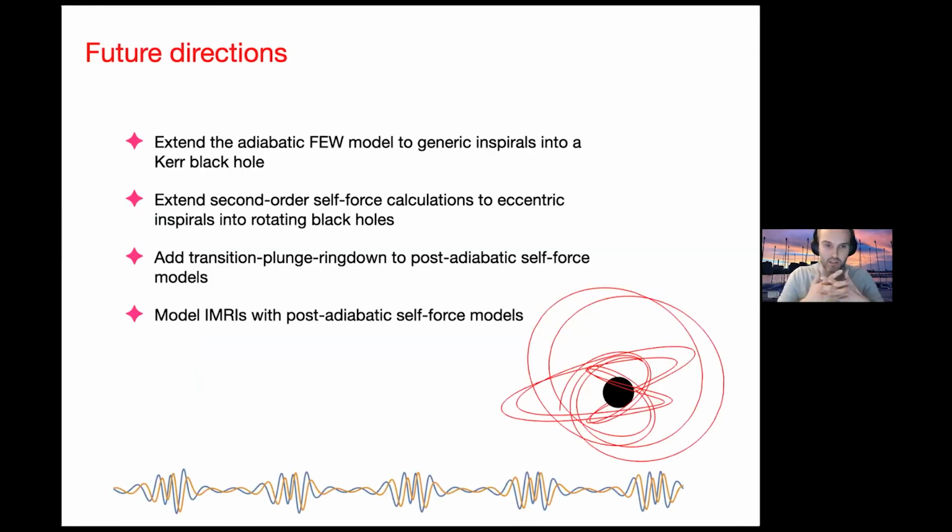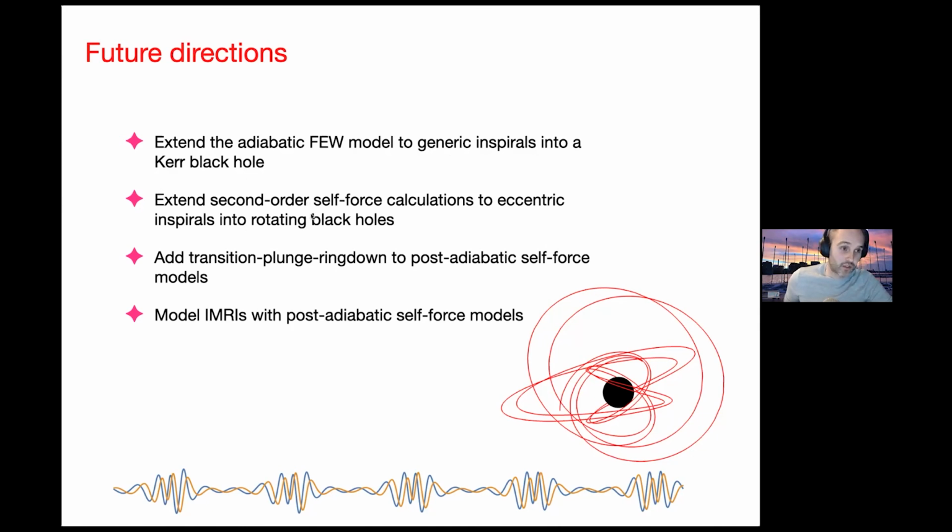Okay, so just to conclude then, in terms of future directions, I talked about these adiabatic waveform models we have. They're very fast. They are good enough for data analysis, but they're only for Schwarzschild inspirals. Eccentric, yes, but they don't have spinning primary or spinning secondary. And so future directions are to extend those models into those directions.